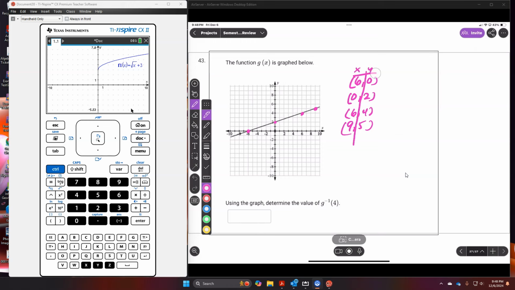I just plotted points that I'm able to graph to see those ordered pairs, and make a table. And now I'm going to come up with the inverse. So I have 0, 6, 2, 0, 4, 6, and 5, 9. So this is g of x, and this is the inverse of g. So the input is 4, so the output is 6.